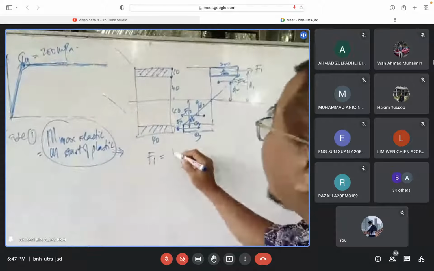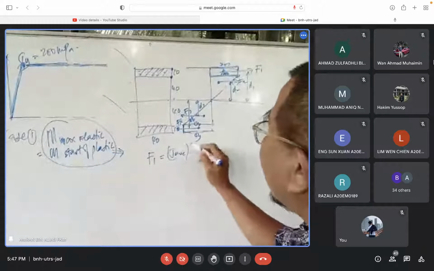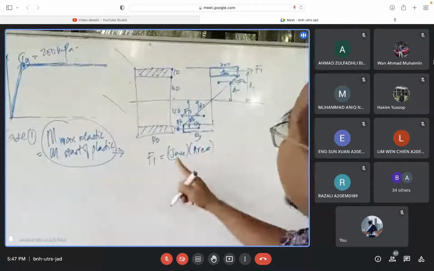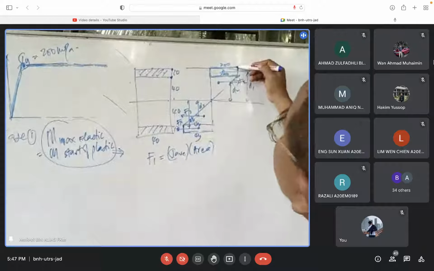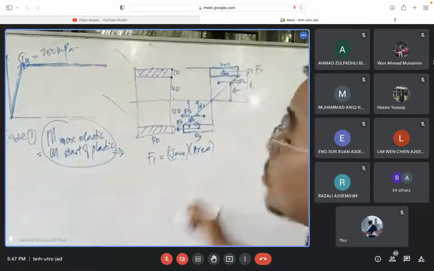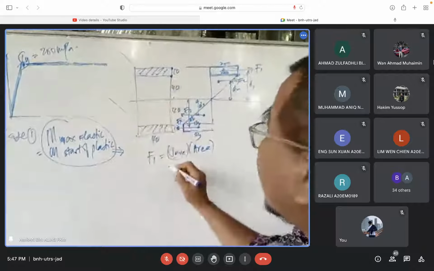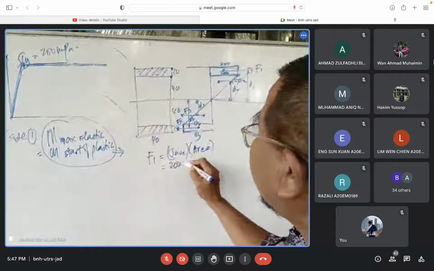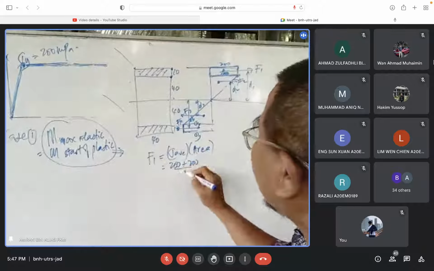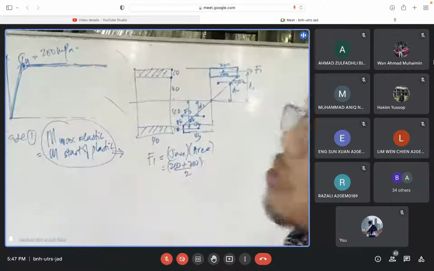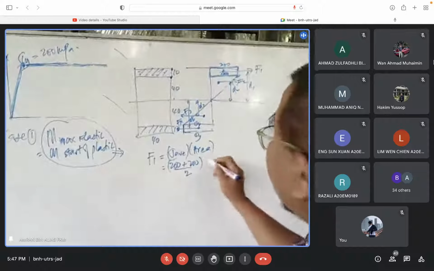F1 is sigma average times area. What is the average? 200 here, 200 down there. So the average must also be 200, that is 200 plus 200 divided by 2. What is the area?